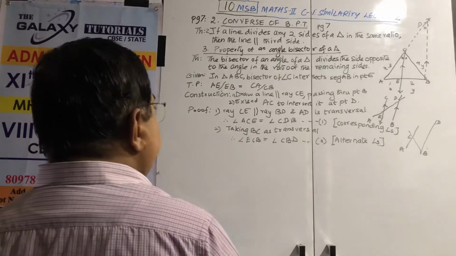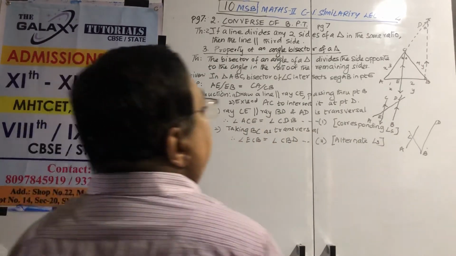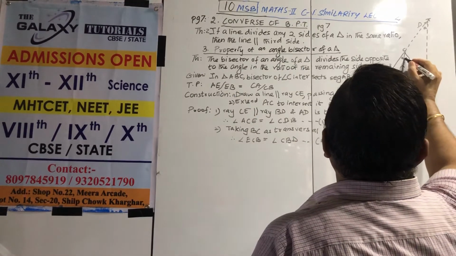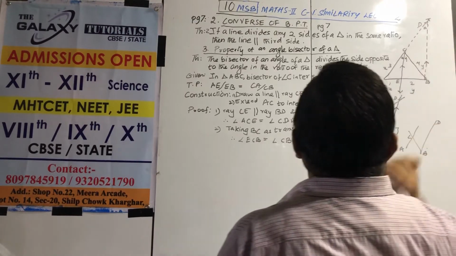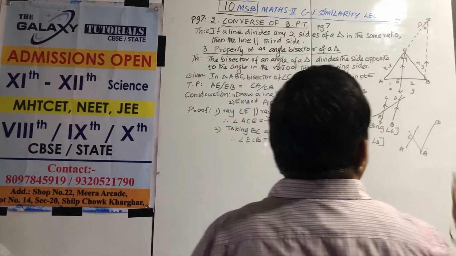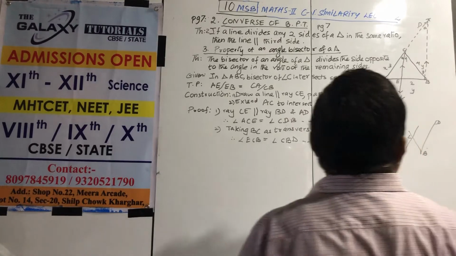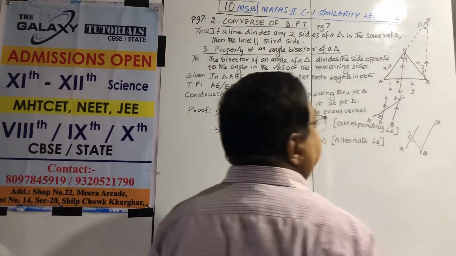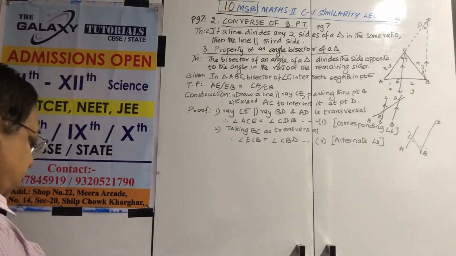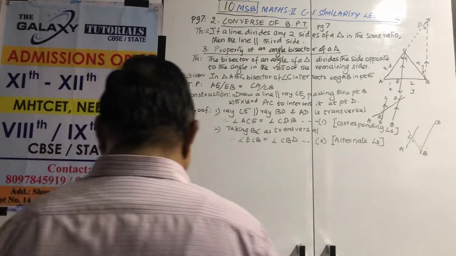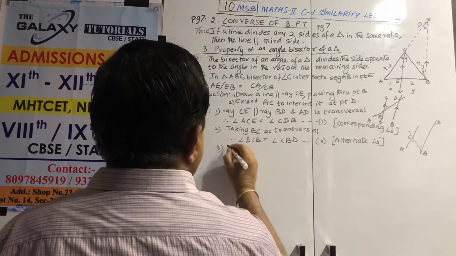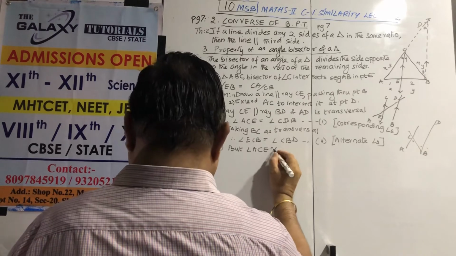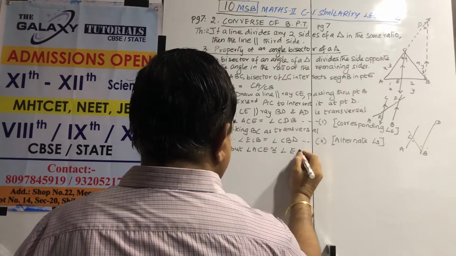Alternate angles, my friends, you very well know, are congruent. ECB is this angle, okay, is congruent to CBD, this angle. The Z, okay, we are going for the Z. Now, but angle ACE is congruent to angle ECB.